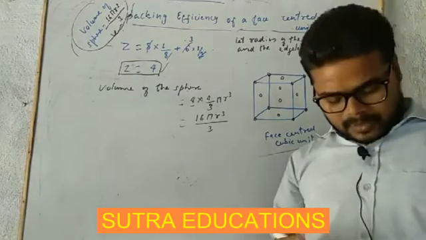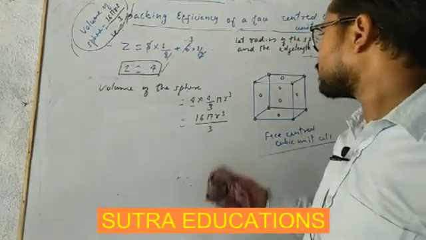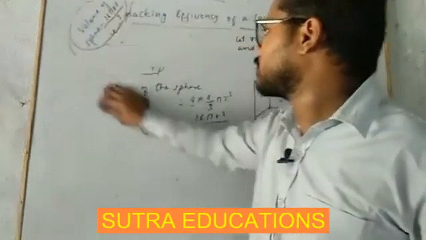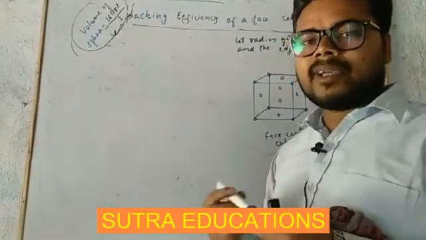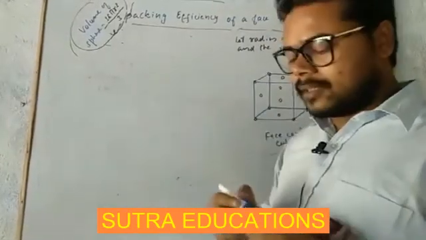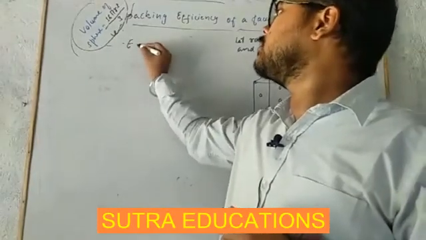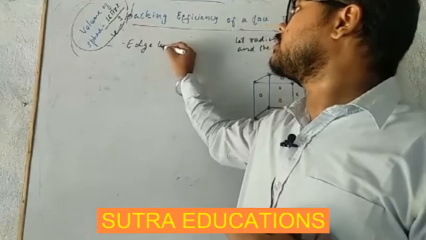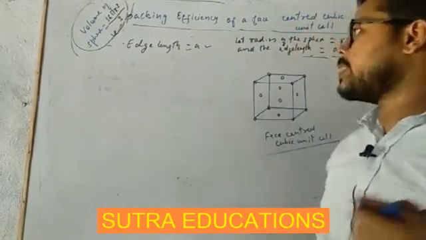Now come to the edge length. Edge length we have supposed to be a, so write here edge length is equal to a.